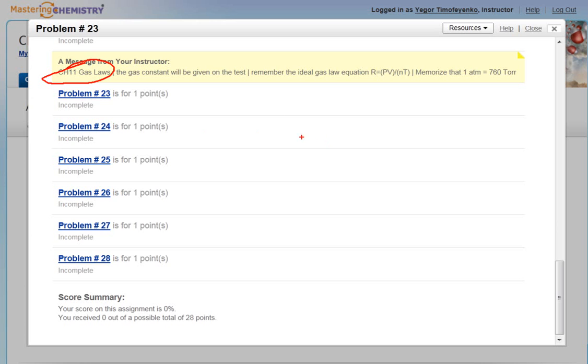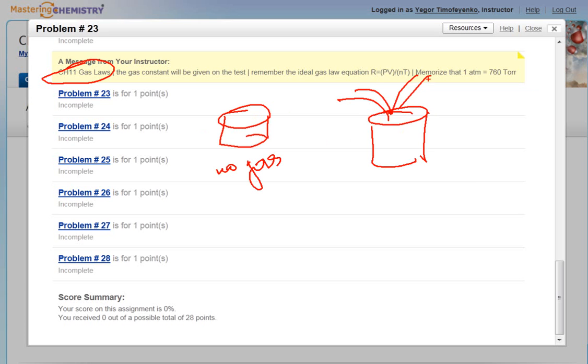Many times when you perform a reaction in a beaker, there's no gas given off. But sometimes you're going to have gas coming off of a reaction. And we need to know everything about that for one simple reason: gases are dangerous.